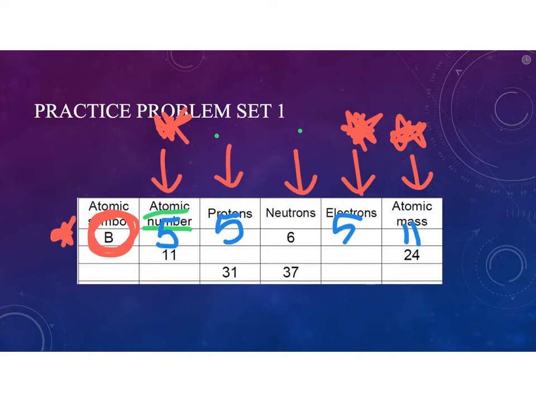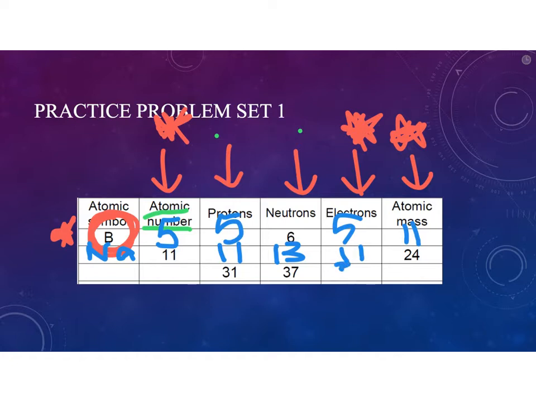Now that you saw how I solved the first one, you probably solved the next few the same way. So atomic number 11 is sodium. So you have an Na over here with 11 protons. Atomic mass is 24, therefore 24 minus 11 equals 13. 13 neutrons, and you have 11 electrons because it's equal to the number of protons.